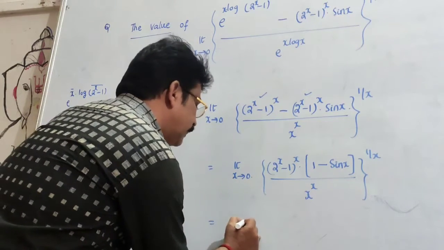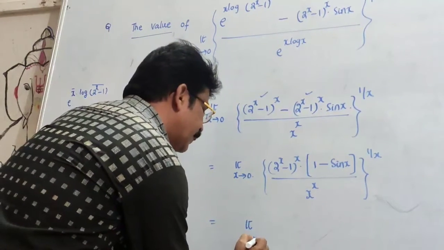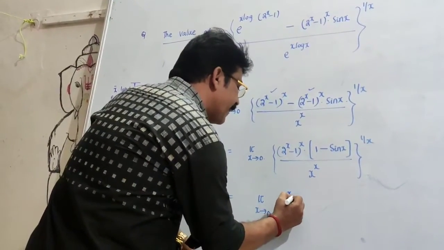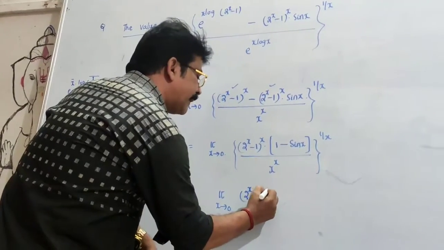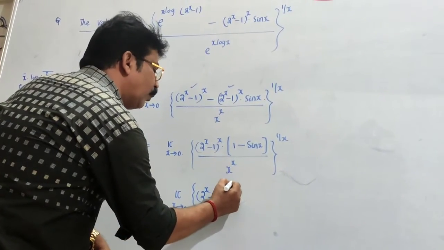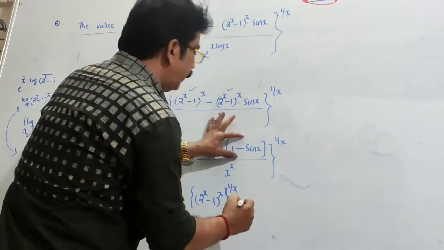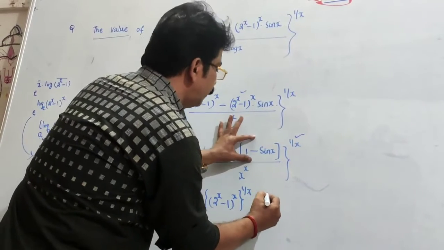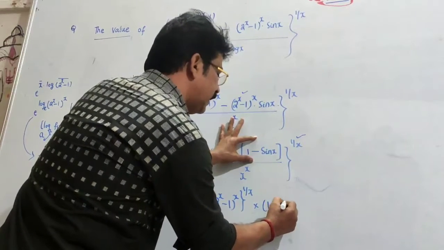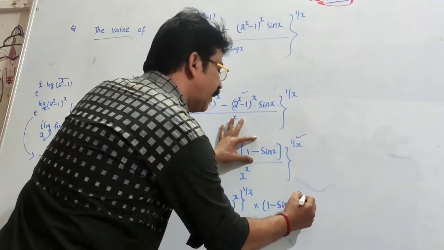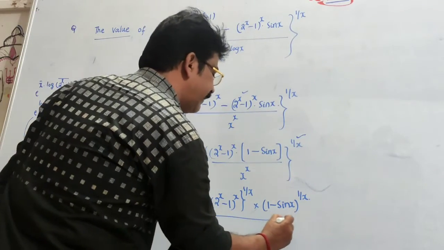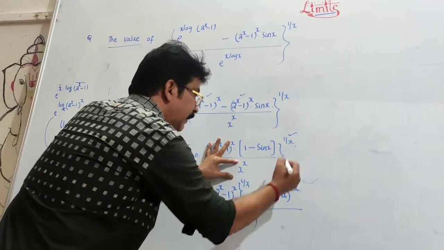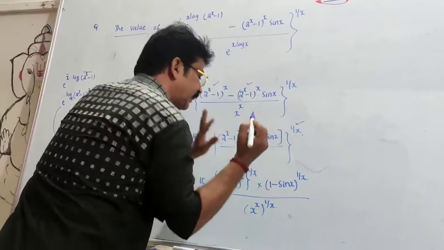So that is equal to limit x tends to 0 of (2 power x minus 1) whole power x whole power 1 by x into this one, (1 minus sin x) whole to the power of 1 by x, whole divided by (x power x) whole power 1 by x, like that.